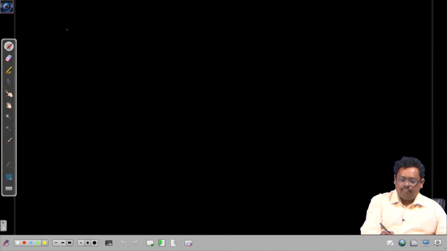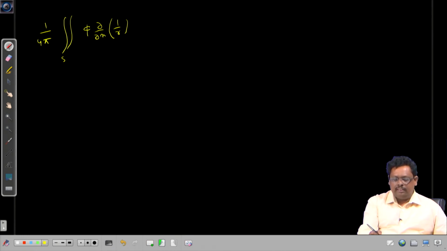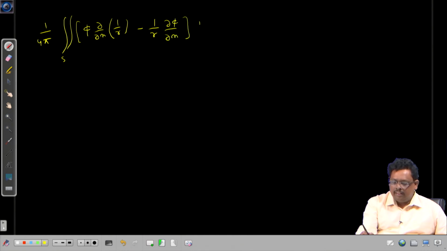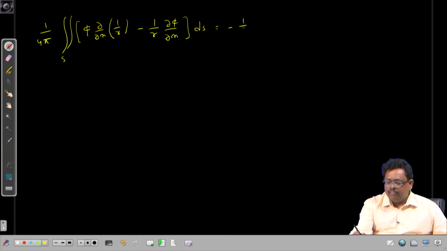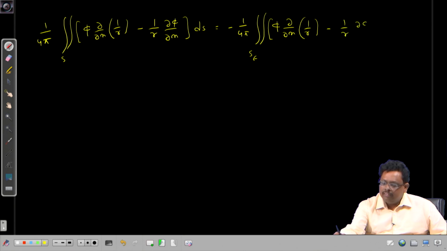Then I get the integral over S of phi into del n of 1 upon r, and I write 1 upon 4 pi here, because I take psi as 1 upon 4 pi r, minus 1 upon r del phi del n dS, is equal to minus 1 upon 4 pi times the integral over this S epsilon, taking the right hand side, of phi into del n of 1 upon r minus 1 upon r into del phi del n into dS epsilon.